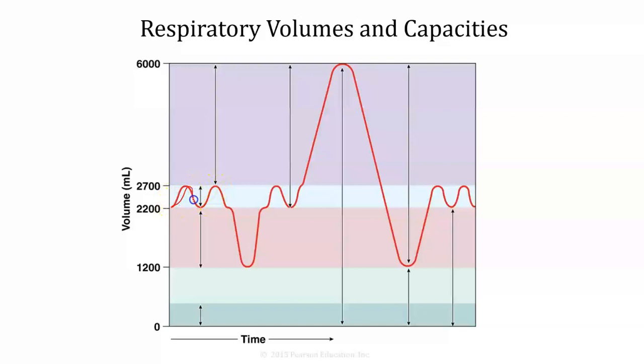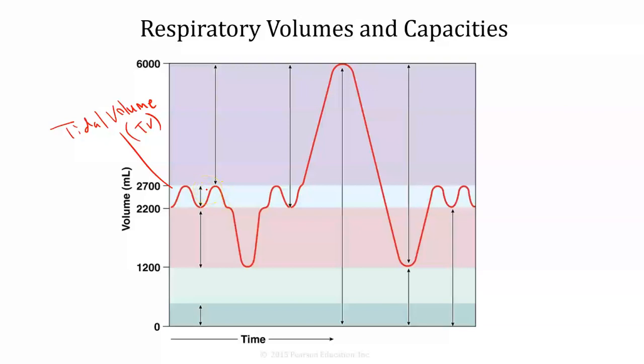If you're just breathing in and out, just a normal steady breathing, this is called the tidal volume, or the TV. And it's about 500 milliliters, about a half of a liter of air goes in and out of your lungs every time you breathe.